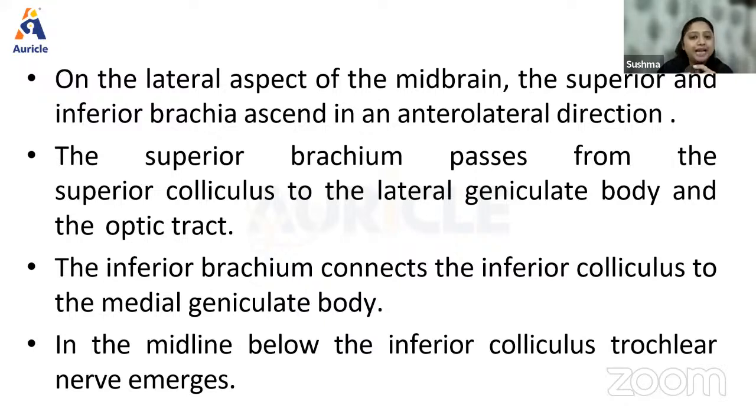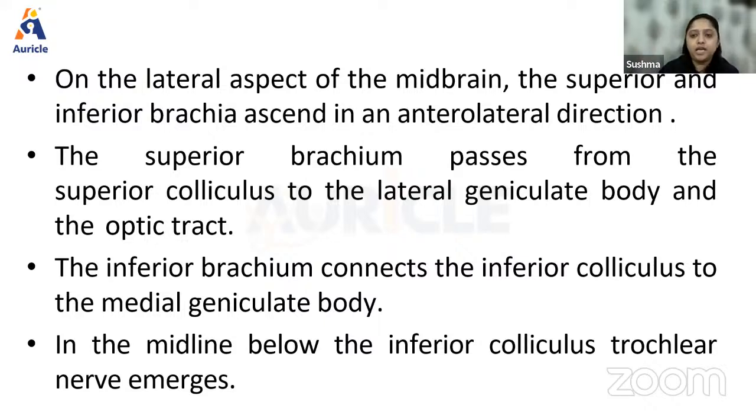The superior brachium passes from the superior colliculus to the lateral geniculate body and optic tract. The inferior brachium connects the inferior colliculus to the medial geniculate body. How do we remember this? Superior brachium connects superior colliculus to LGB, the lateral geniculate body. Inferior connects inferior colliculus to MGB, the medial geniculate body.